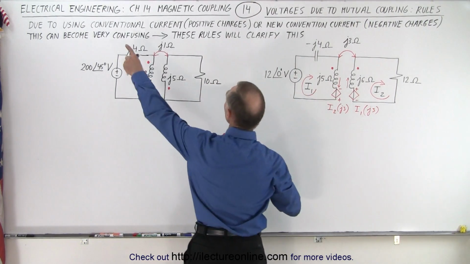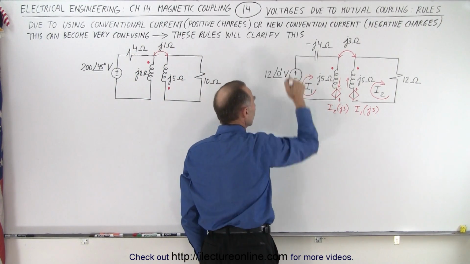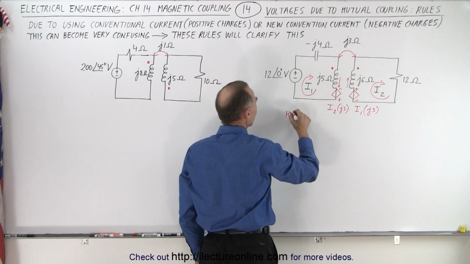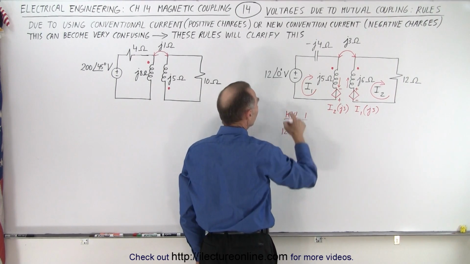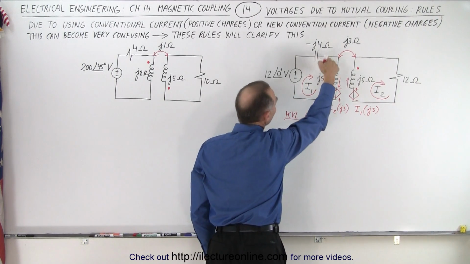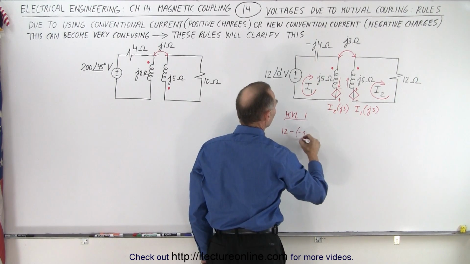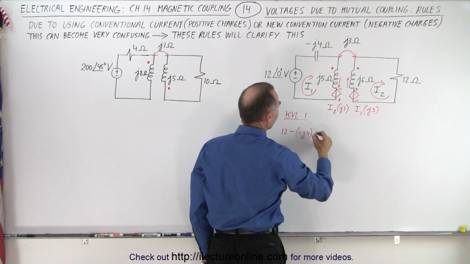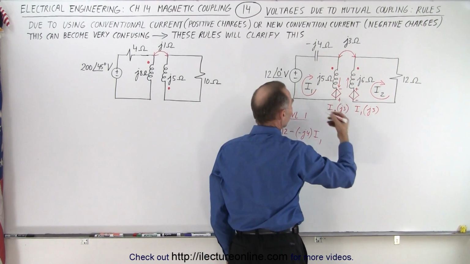I'm using the conventional current, positive charges moving. So here we have a voltage rise. We have KVL for loop 1. We have a voltage rise of 12 volts, no phase difference. And here we have a voltage drop, but we have a negative reactance. That would be minus j4 times I1. Then going across the inductor, that's a voltage drop.